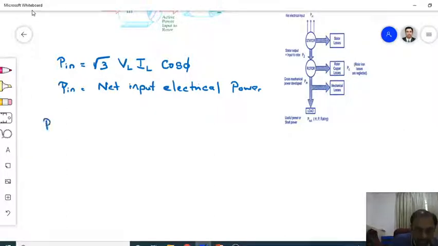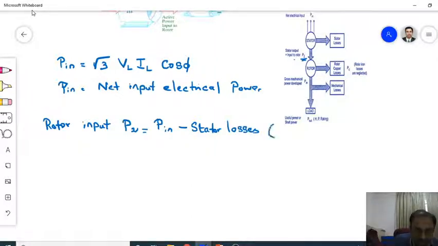See the rotor input. What is the rotor input? P2. Rotor input P2 equals the total input power, net electrical input power P in, minus stator losses.